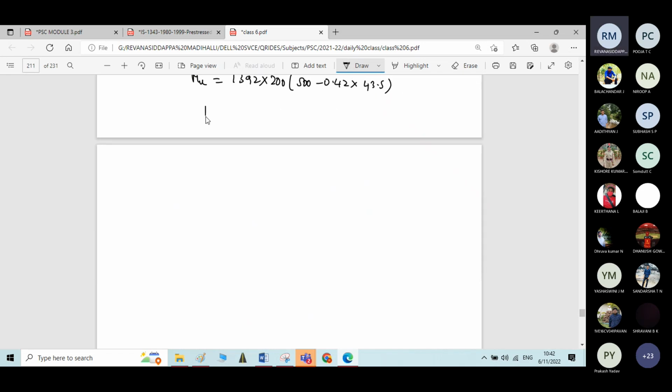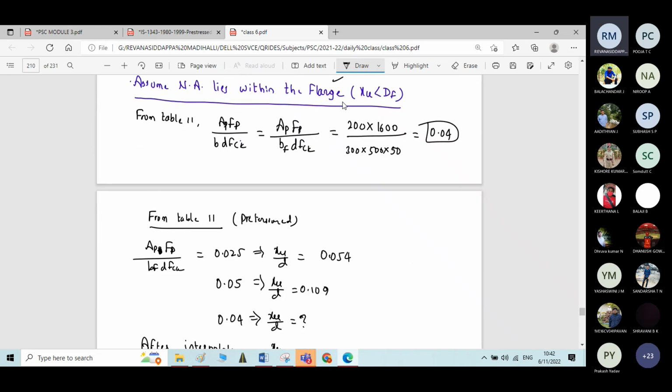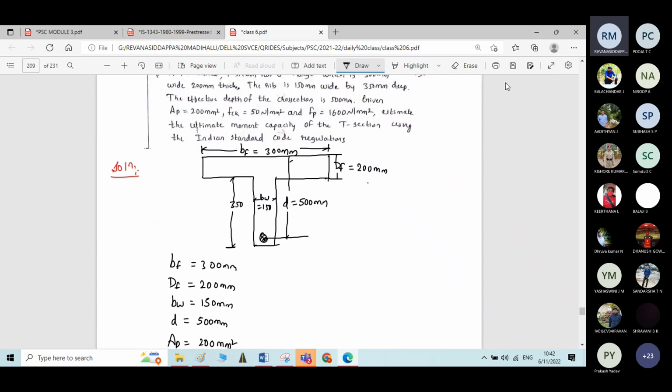By this, you will get the value of Mu as 134.11 into 10 power 6 Newton millimeter. In terms of kilonewton meter, the answer is 134.11 kilonewton meter. Okay, so this completes the problem. So it is also a very simple problem.